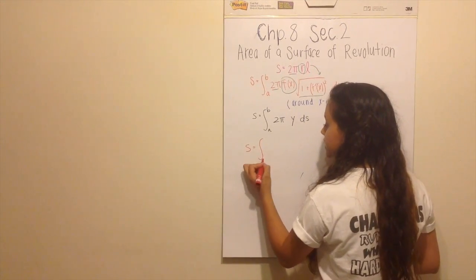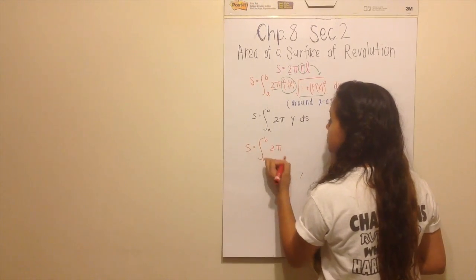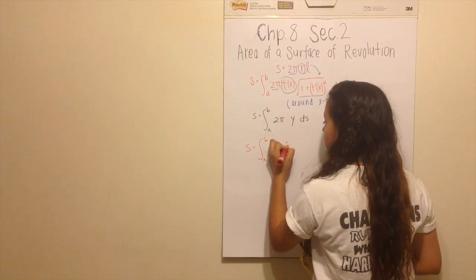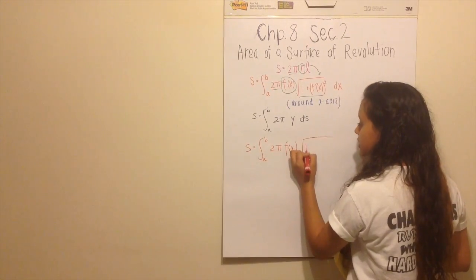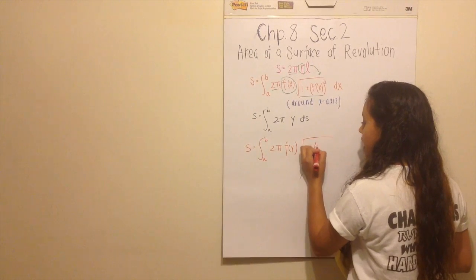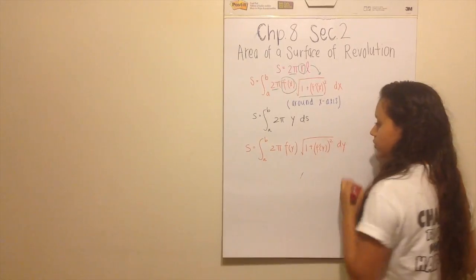So the formula is the integral from a to b 2 pi f of y times the arc length, so the square root of 1 plus f prime of y squared dy.